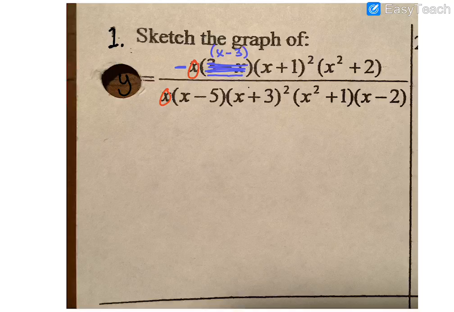And remember, when there's a factor in common, it is neither a zero nor a vertical asymptote, it is a hole. So the factor is x, which means we have a hole at x equals 0.